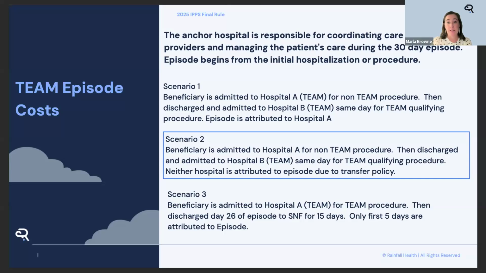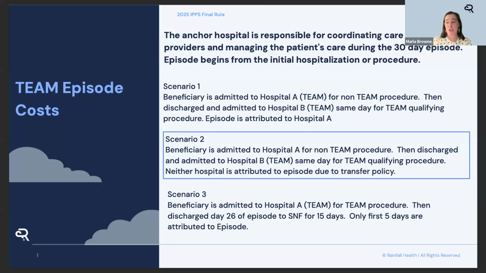Beginning on day 26, so in that 30-day window, beginning on day 26 from a TEAM anchor hospitalization or anchor procedure, the first 5 days of the SNF admission would fall within the episode. The remaining 10 days would not be included in that episode, right?